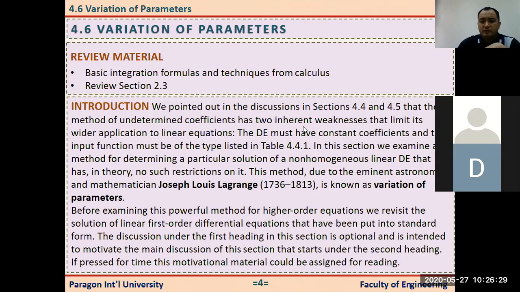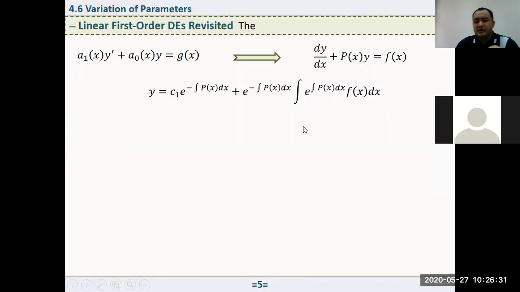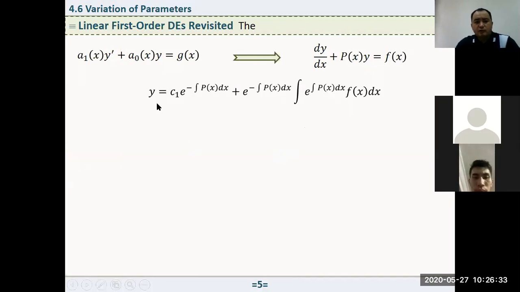So we start this class by first examining the first order linear differential equation that we did in chapter 2, in 2.3, I guess. If you remember, you are given the first order linear differential equation a1 of x, y prime plus a sub 0 of x, y is equal to g of x.